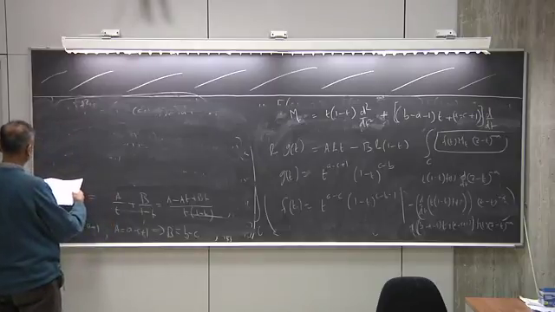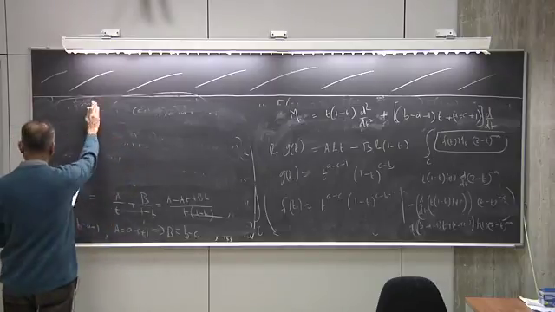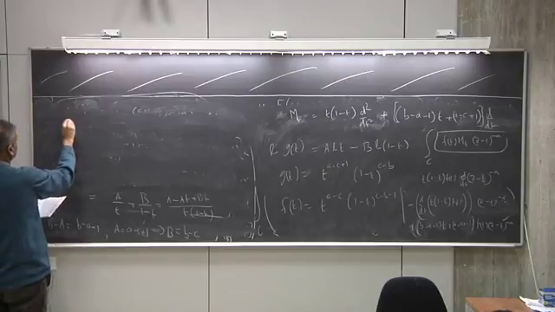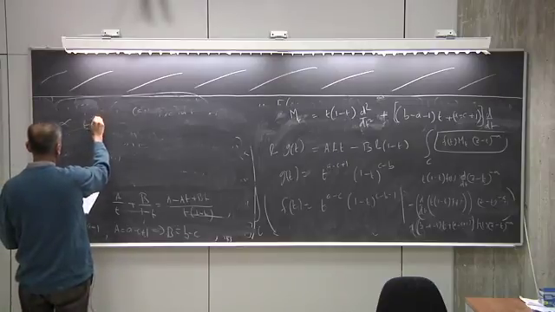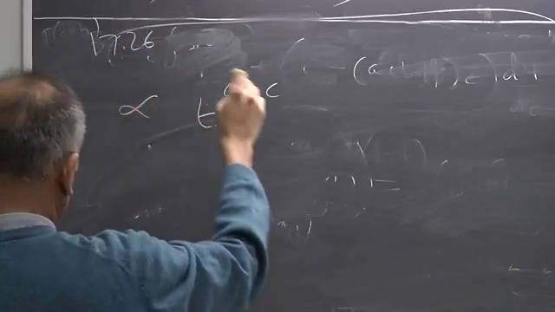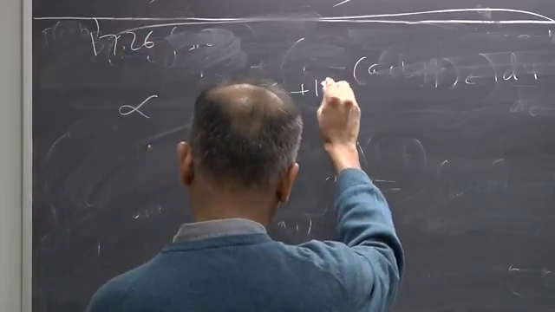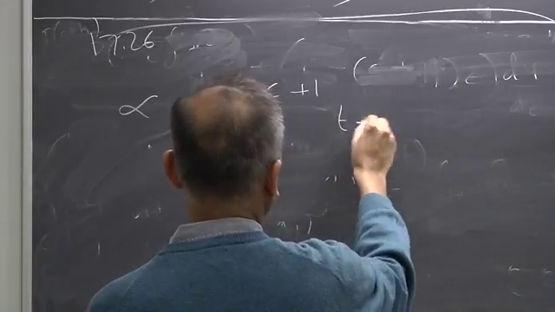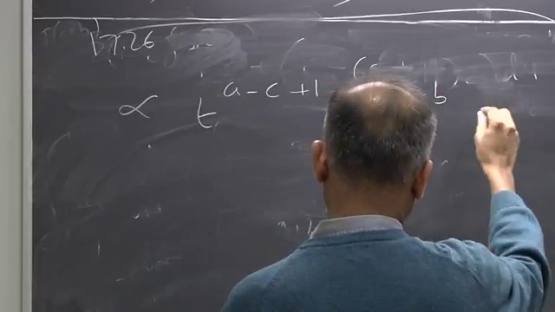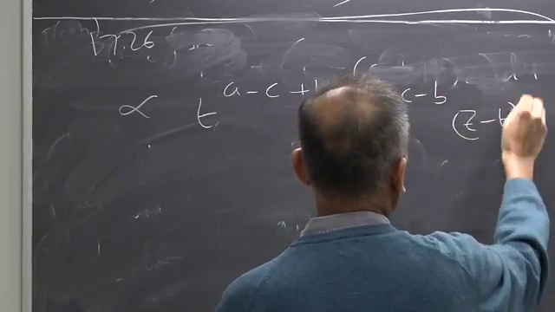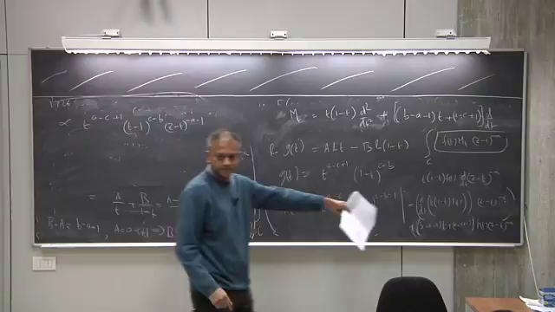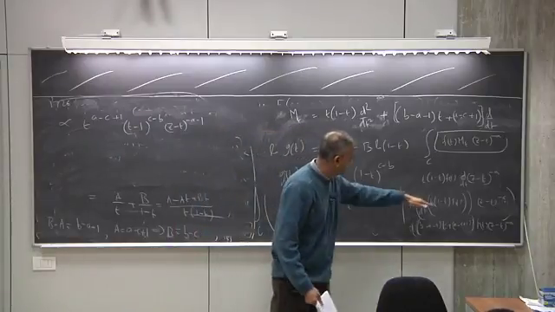So it turns out, combining all of that, that this expression is basically proportional to t to the power of a minus c, I'm writing down 17.26, a minus c plus 1 times 1 minus t to the power of c minus b, and z minus t to the minus a minus 1. Okay, there's some algebra; you need to substitute this f t there and combine all of that.